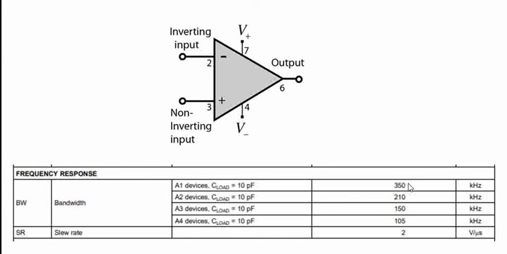That means the op-amp has to operate at that frequency to provide an appropriate output. So that means you must have that much bandwidth for the op-amp. So while selecting an op-amp, it is a very, very important parameter. We need to know the bandwidth specification.